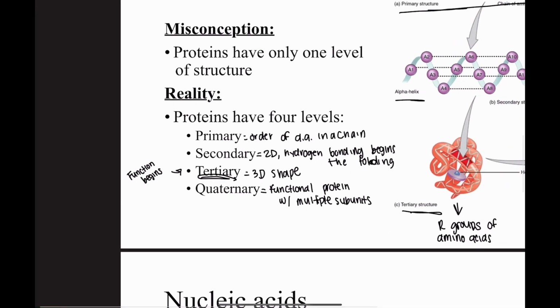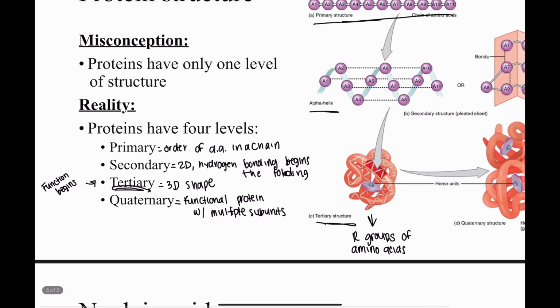All proteins must reach at least the tertiary structure to have the potential to be active. And in the tertiary structure, the protein's final shape is fully formed, and that shape is what's going to determine if it can be functional or not.